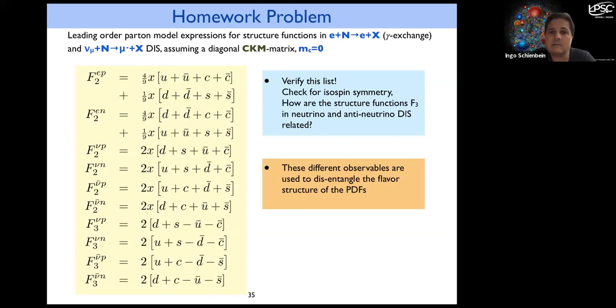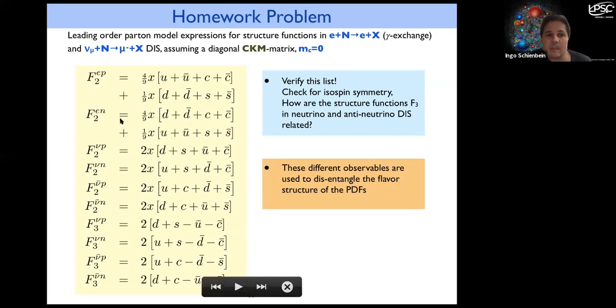And we need many different of these structure functions in order to disentangle the different flavors of the PDFs. So if we would just measure, for example, F2 electron proton, then we would always measure this combination of parton distributions, which makes it difficult to tell apart the up quark from the charm quark and from the down quark.